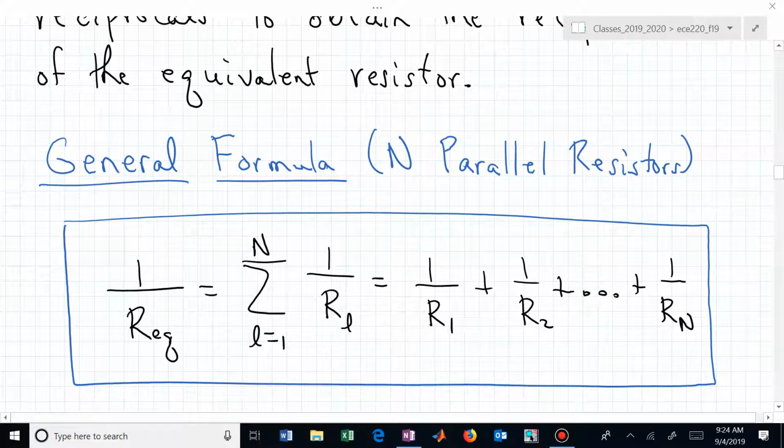And the reciprocal of ohms is conductance. And sometimes you might see this as G equivalent, where G is 1 over R equivalent, is equal to the sum of the G's, where G1 is 1 over R1, G2 is 1 over R2. So now we would be summing conductances when these resistors are in parallel. Just another way of thinking of that same concept.